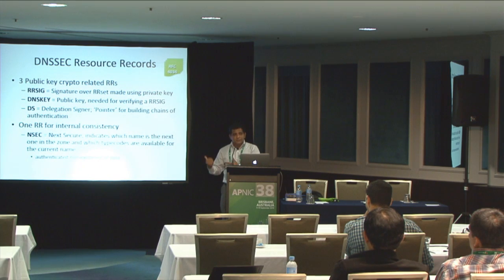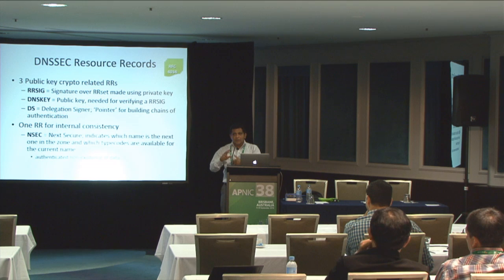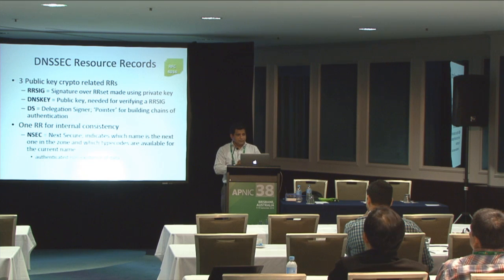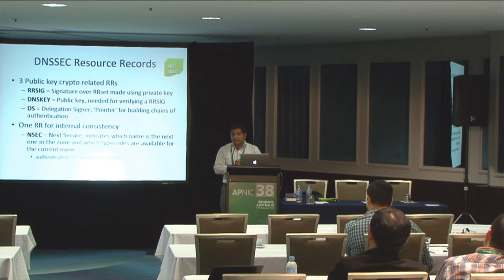So that is where NSEC comes in. What NSEC does is kind of link your resource records, so that in case the integrity is lost, we can identify that. That's the whole purpose of NSEC. You don't need to do this manually, because during the signing process, these NSEC records will be inserted into your zone.